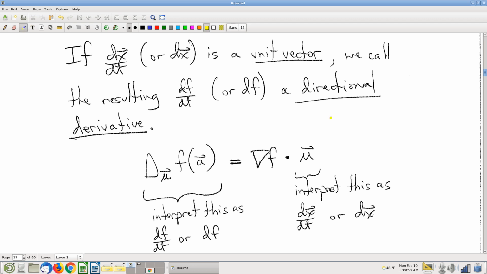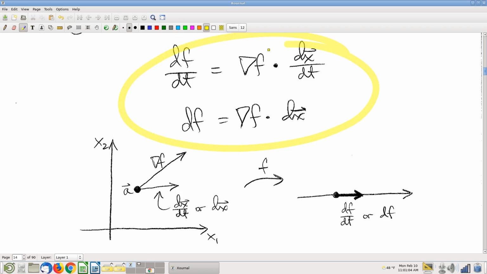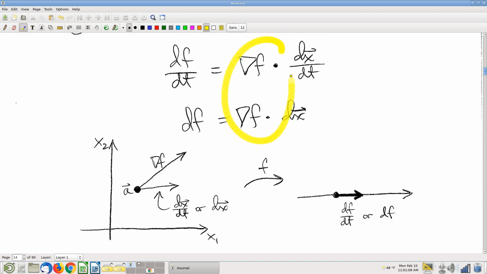After all, if you look at this formula, something computed as a dot product with the gradient, we already know that that works for any input vector. Why should I restrict my use of this lovely formula, dot product with the gradient, to unit vectors? This works for any vector.